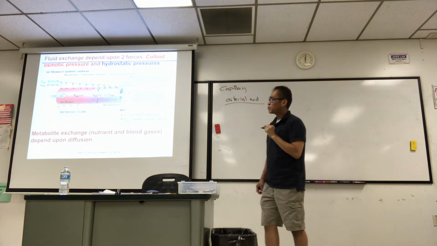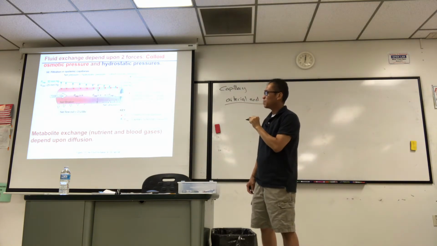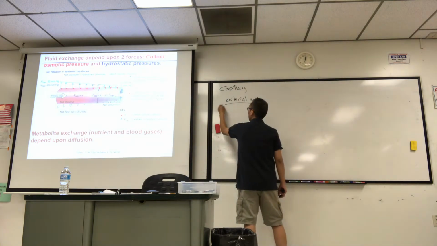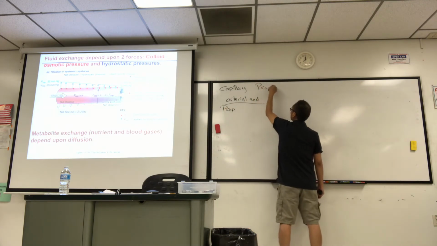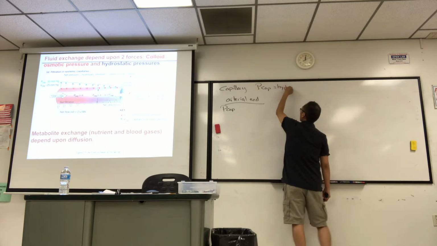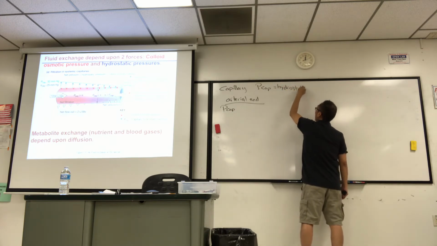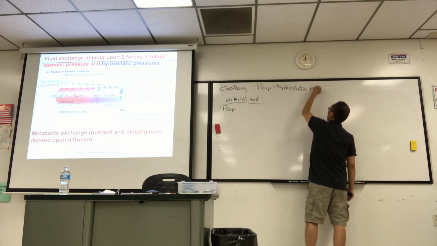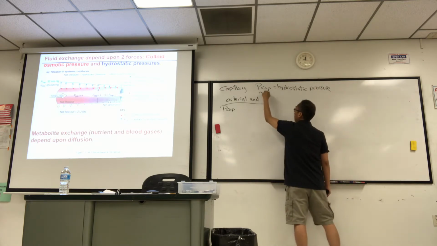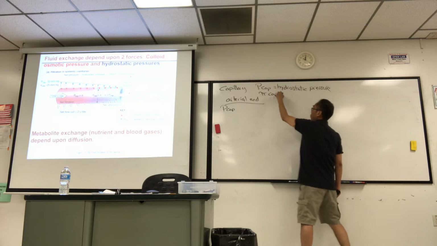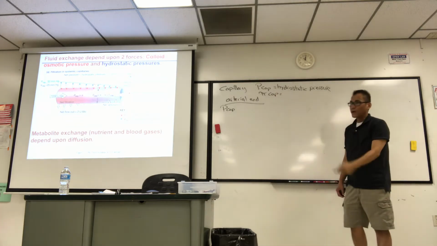If you look at the hydrostatic pressure, they label it P cap. So P cap is hydrostatic pressure, and pi cap, I don't know why they use the simple pi, but that's the other one. That's the colloid osmotic pressure.